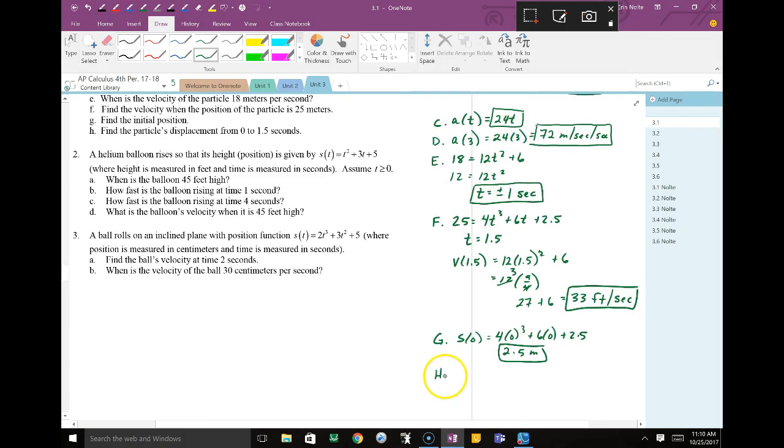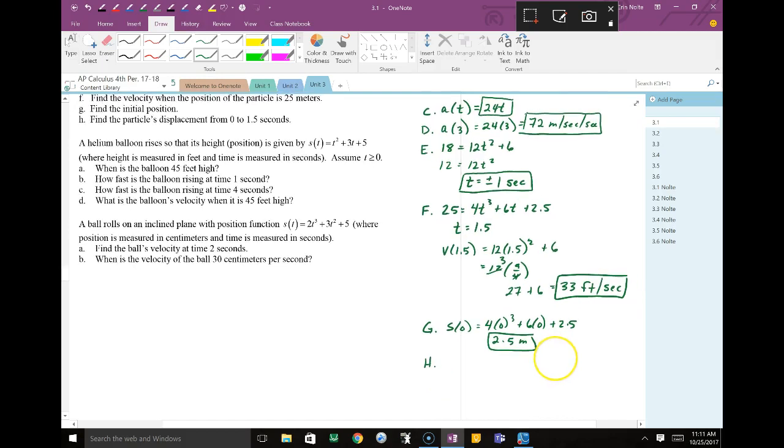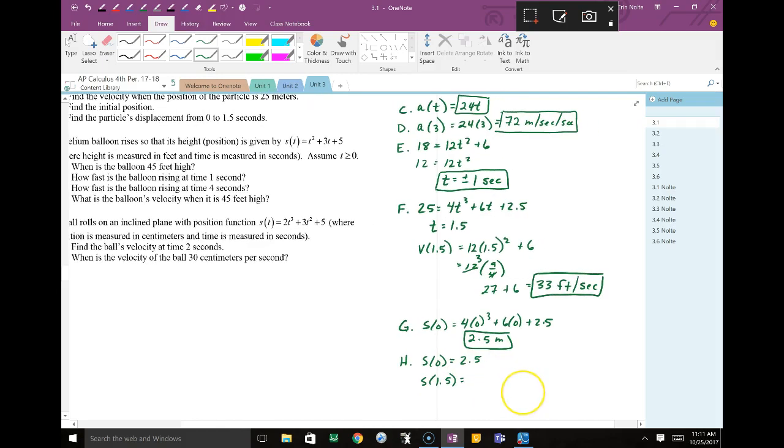Okay, and then H, find the particle's displacement from 0 to 1.5. So how do I do that? I gotta figure out where my position is at time 0, and at time 1.5, I have no idea what happens when you plug 1.5 in. Somebody's got to calculate it.